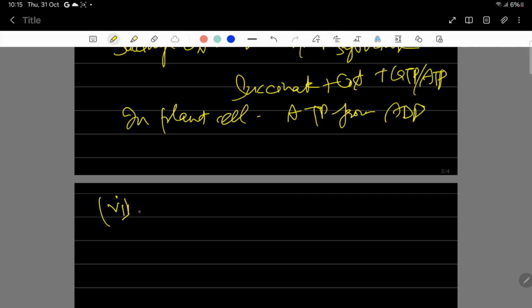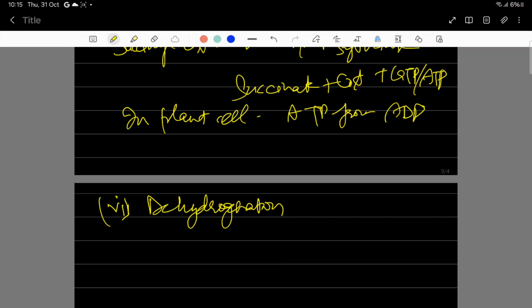Sixth is the dehydrogenation. This process converts succinate into 4-carbon fumarate with the aid of an enzyme succinate dehydrogenase and liberates a pair of hydrogen atoms. The latter pass to FAD, flavin adenine dinucleotide, forming FADH2.